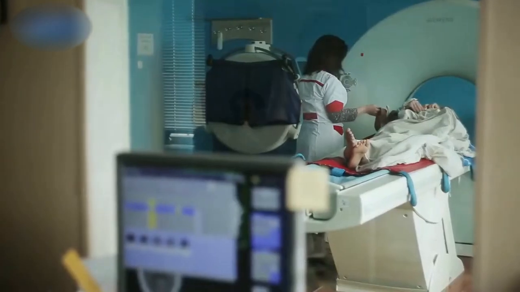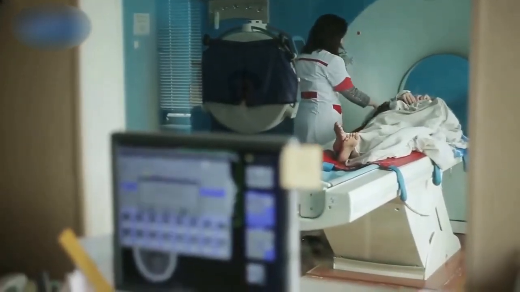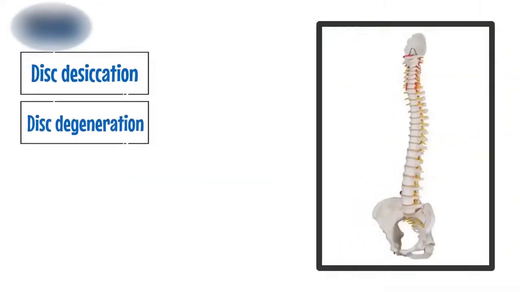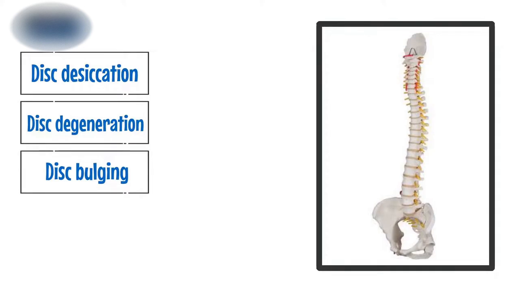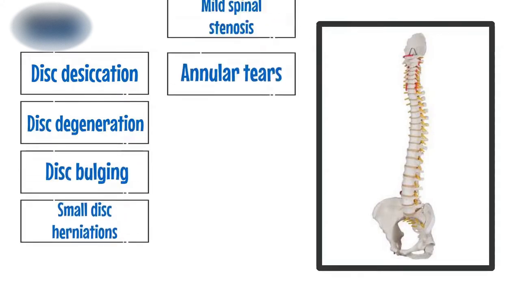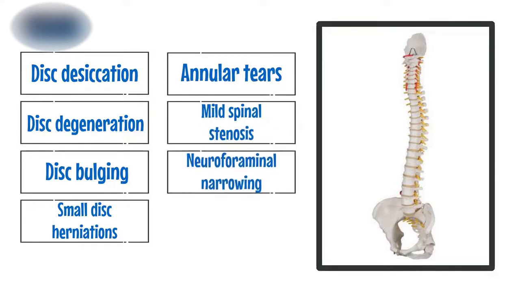A list of things that a radiologist will find on nearly every MRI scan includes disc desiccation, disc degeneration, disc bulging, small disc herniations, annular tears, mild spinal stenosis, and neuroforaminal narrowing.